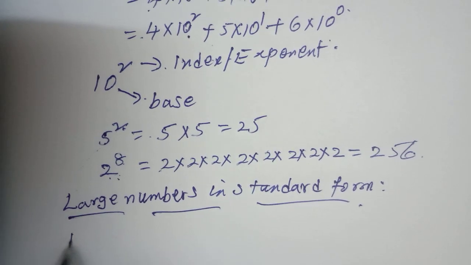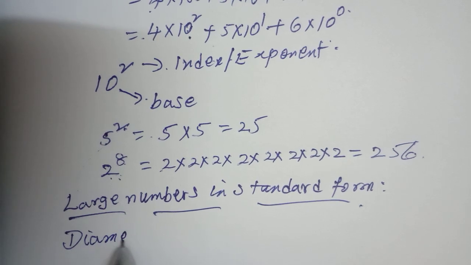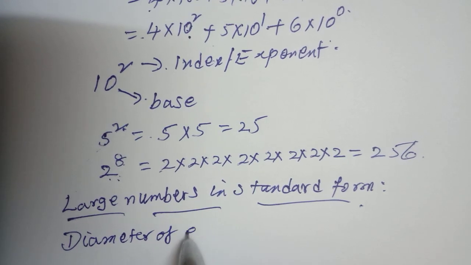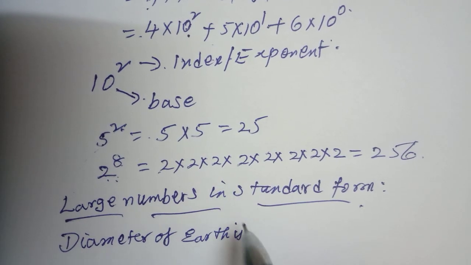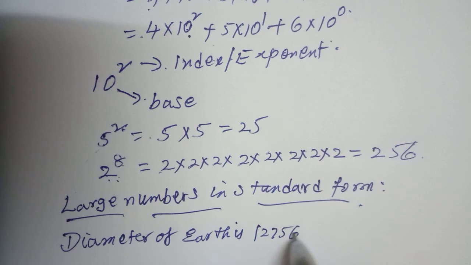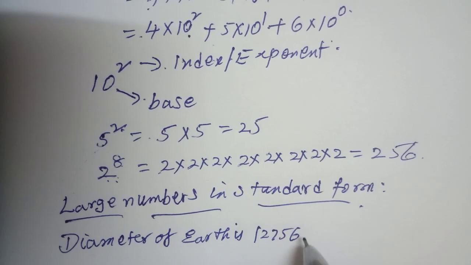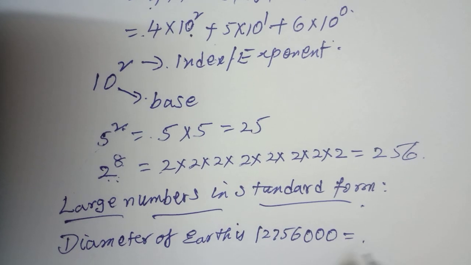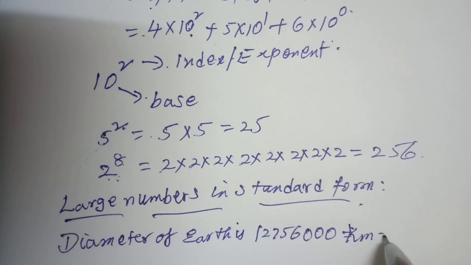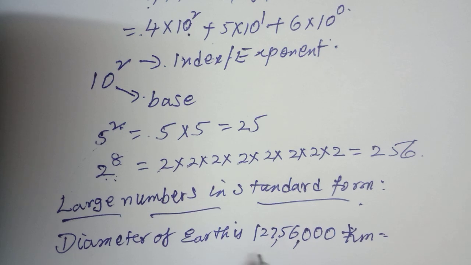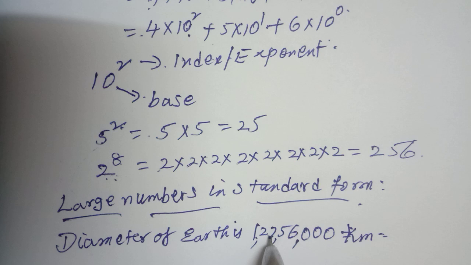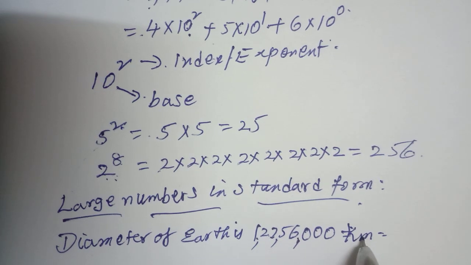So let us say that the diameter of Earth is 12756 followed by 3 zeros kilometers. What do you mean by this? When you put commas, thousands, lakhs, crores, it is 1 crore 27 lakhs 56,000 kilometers.